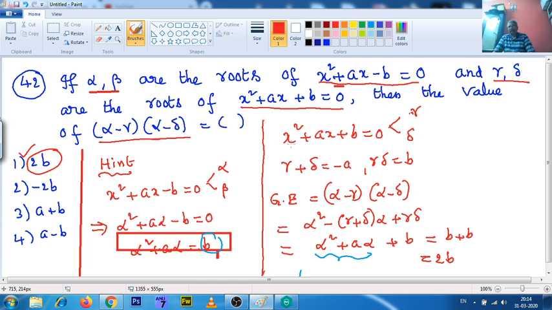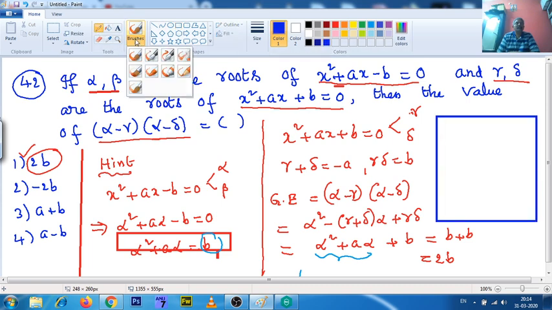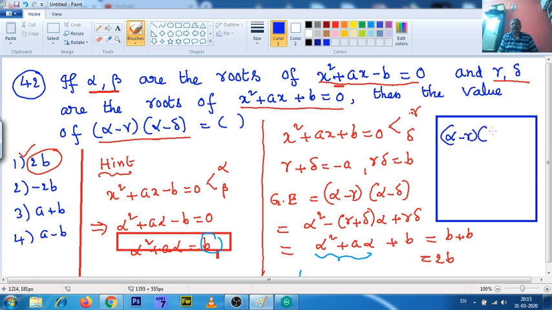right, the first option, but I will explain the shortcut for this one. We have wonderful shortcut. See, here I will explain the shortcut. Okay, what is the shortcut means actually here? This alpha minus gamma into alpha minus delta is equal to second equation minus first equation.